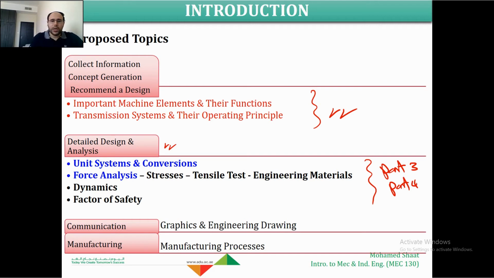But in order to be qualified to take the mechanical design courses, there are some prerequisite courses that you have to finish first. These prerequisite courses are related to engineering mechanics and engineering materials. In these courses, you are going to discuss force analysis, stresses, tensile stress, engineering materials, dynamics, and factor of safety.